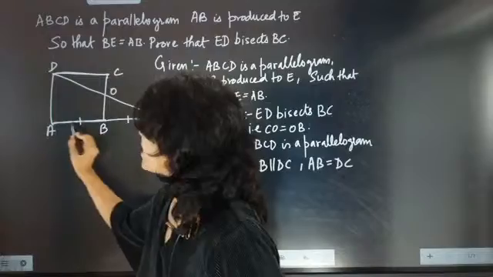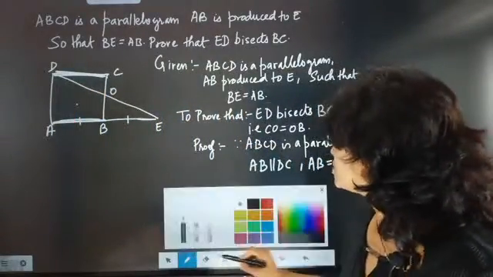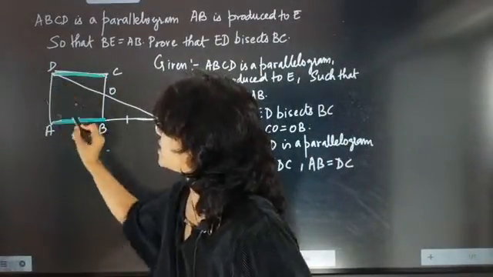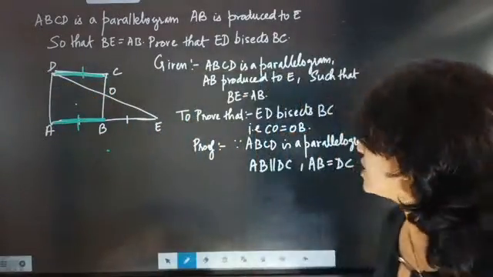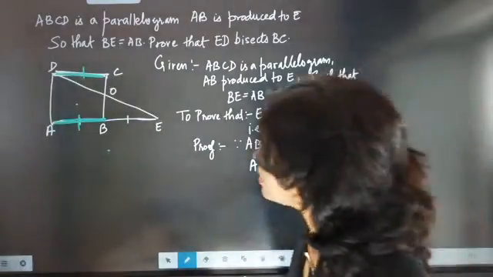So this one will be parallel and this one will be equal to this one. Because of the property of parallelogram, this side will be equal to this side and this side will be parallel to this side. This is exactly the property of parallelogram.